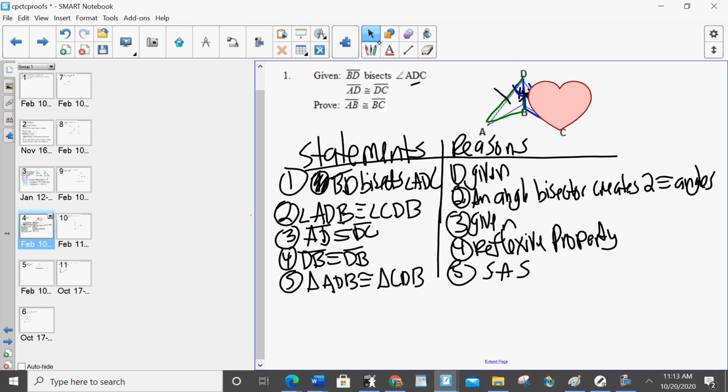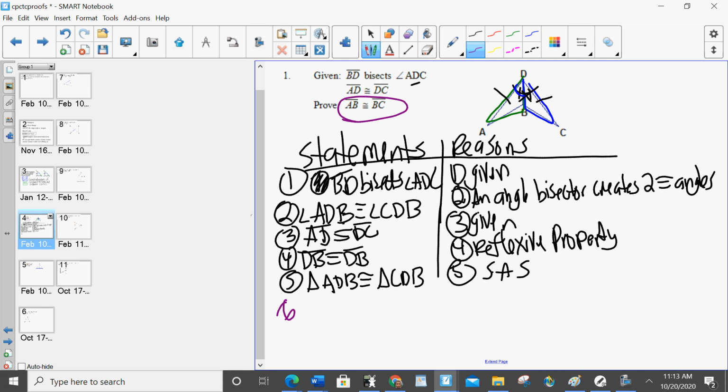Now that the triangles are congruent, that means that the triangles are exactly the same. So now that the triangles are congruent, I can state any pair of corresponding sides or angles are congruent, so I choose the one that it's asking for. AB and BC must be congruent because CPCTC.